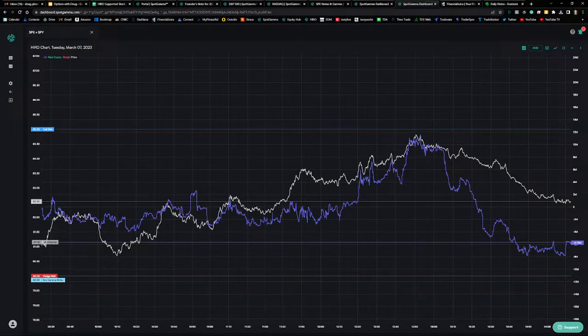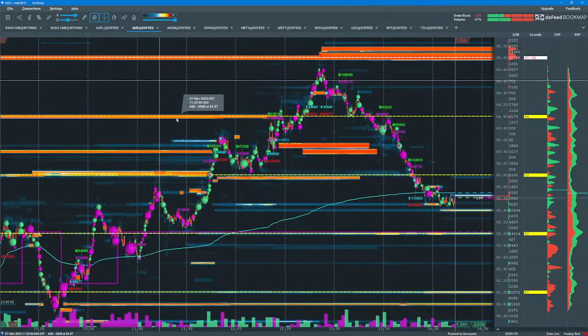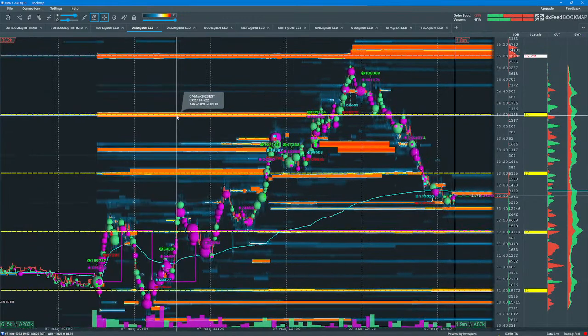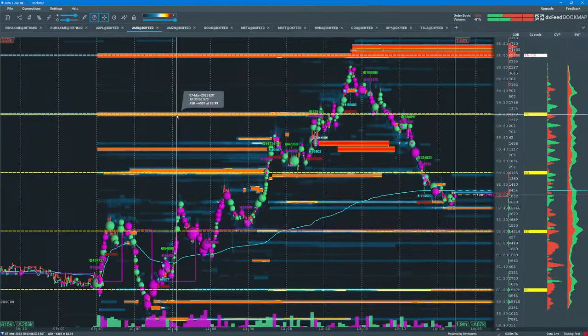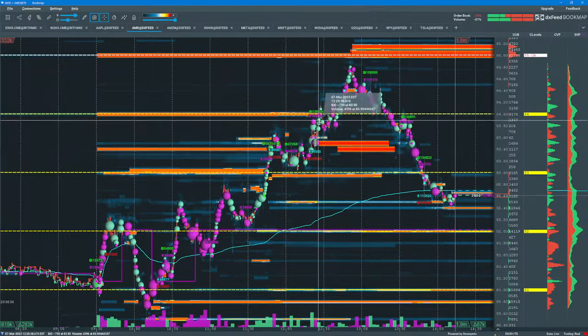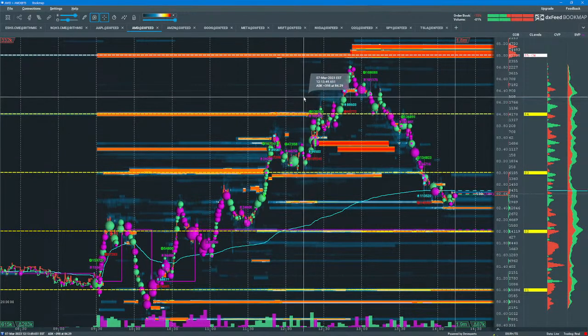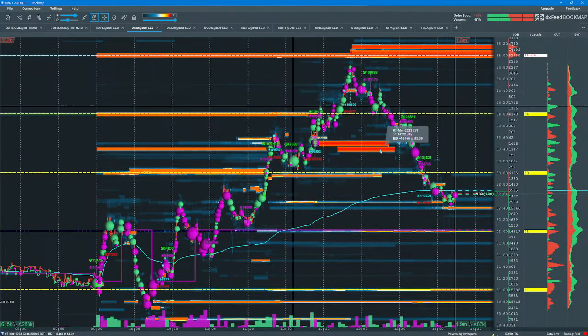And let's go take a look at Bookmap at AMD. And these semiconductors, both AMD and NVIDIA, were good longs today. Confirmed with Hero.